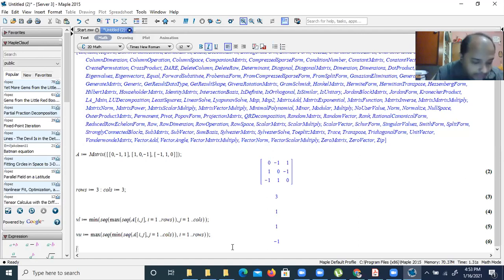Now I am writing print, print the lower value is VL.